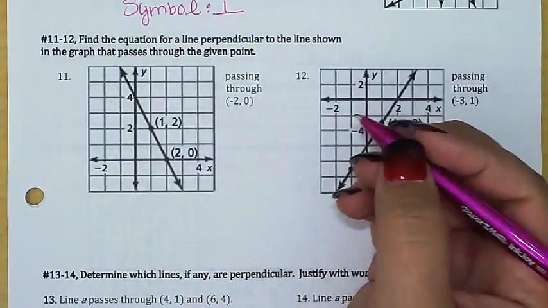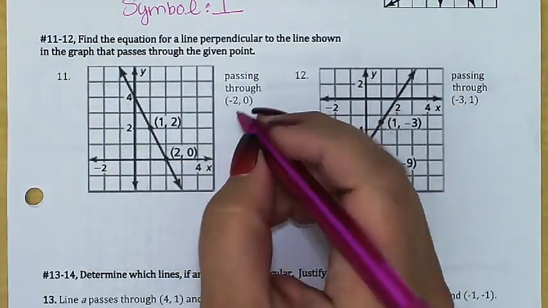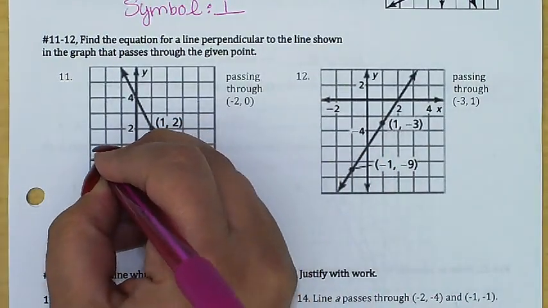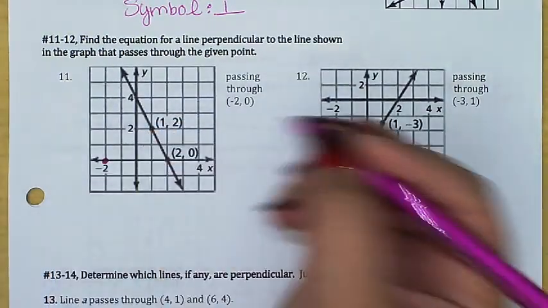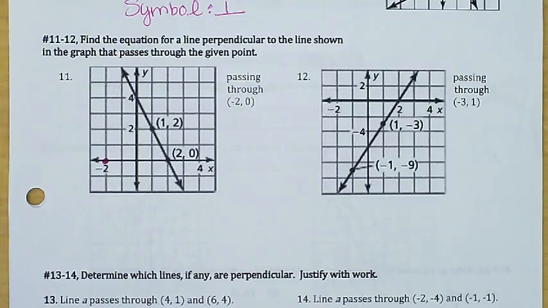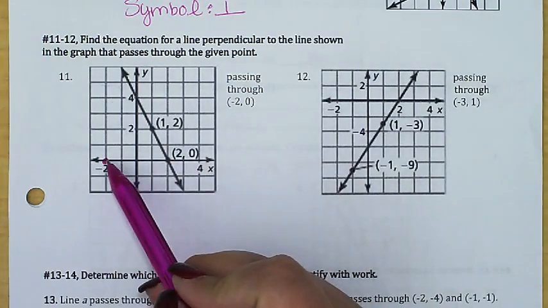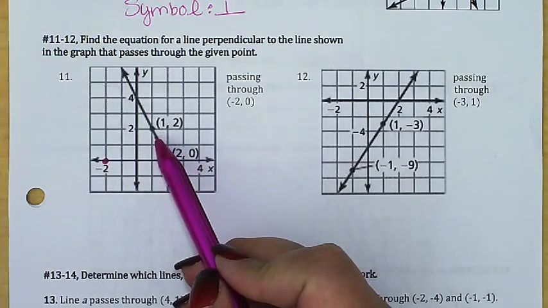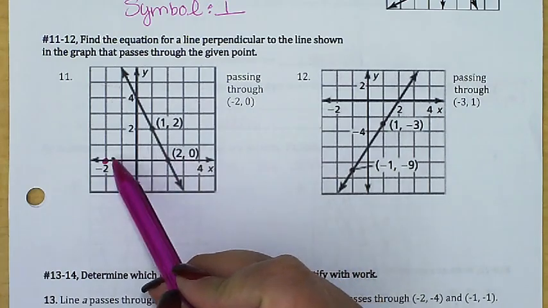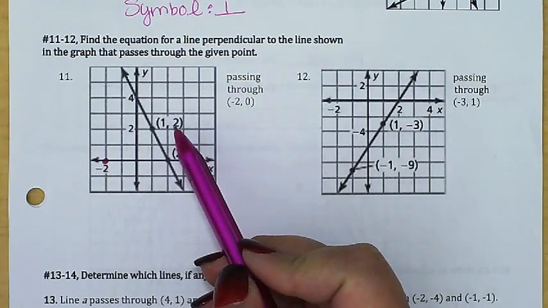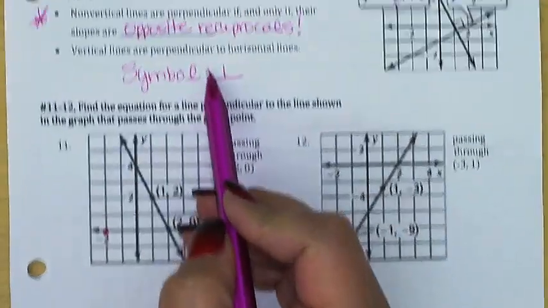So if you want, let's go ahead and even mark that right now. For sure we want our line to pass through (-2, 0). So it's got to pass through that, okay? But I also need it to be exactly perpendicular. I need it to intersect this at exactly 90 degrees at a right angle. So to create that, that's where we're going to use those opposite reciprocal slopes.